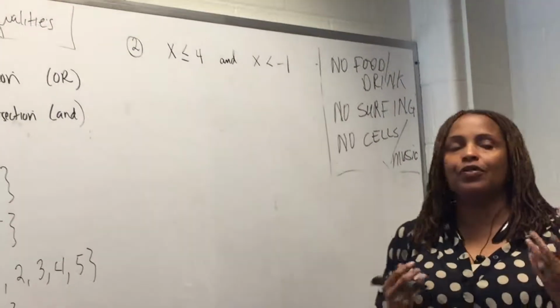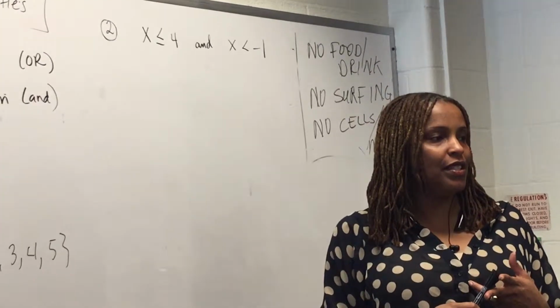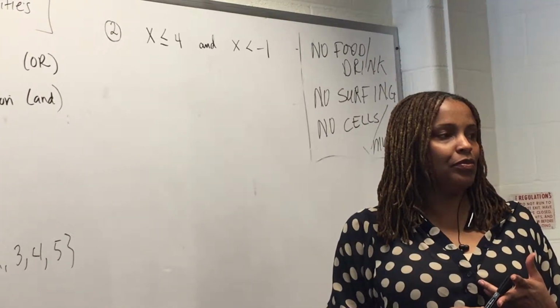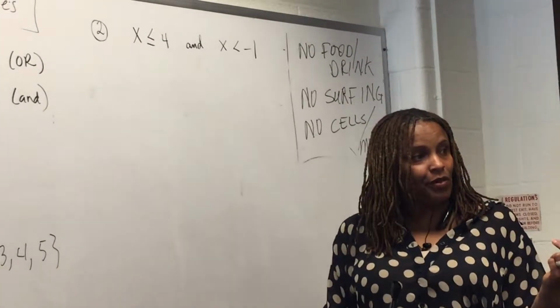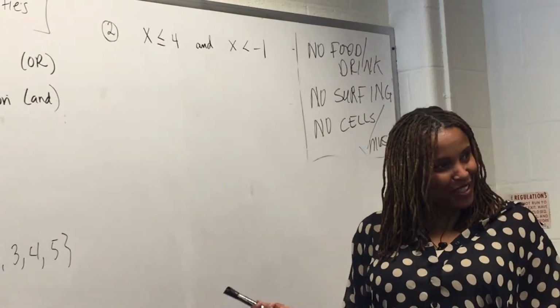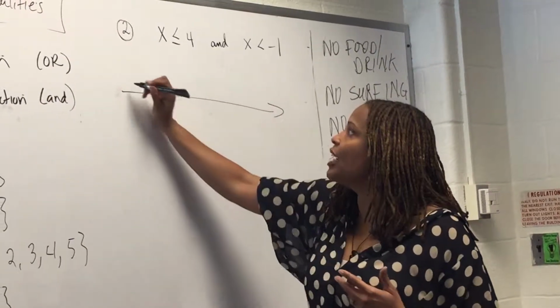Okay. So firstly, do you care about the union or the intersection of these sets? The intersection. Why? Because of the word and. Perfect. So I need to actually see what they have in common.